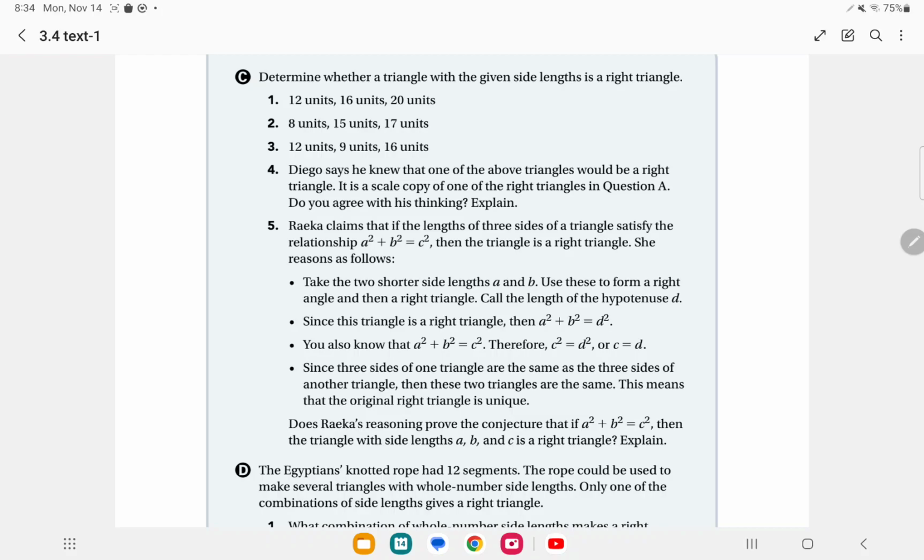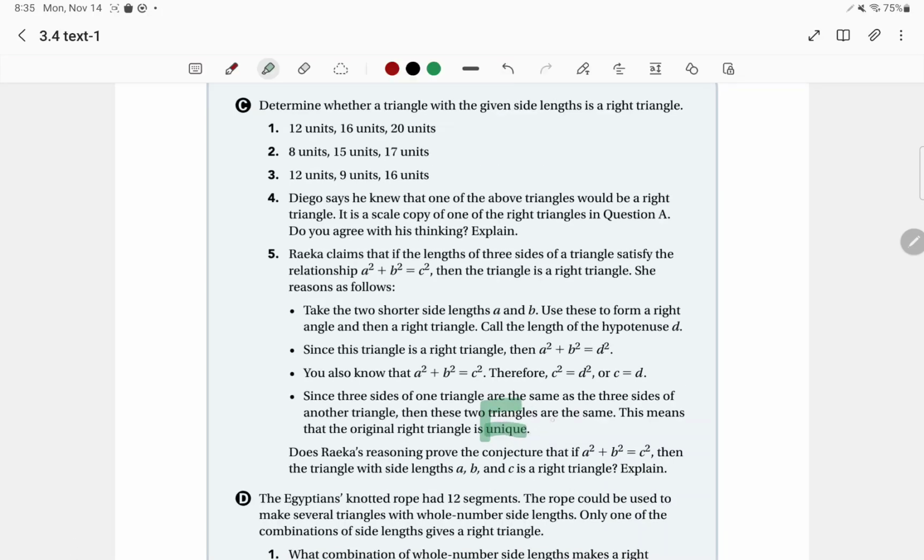Since the triangle is a right triangle, then a squared plus b squared equals d squared. You also know a squared plus b squared equals c squared, therefore c squared equals d squared, or c equals d. Since three sides of one triangle are the same as the three sides of another triangle, then these two triangles are the same. This means that the original triangle is unique.